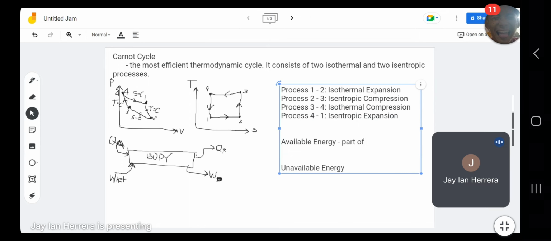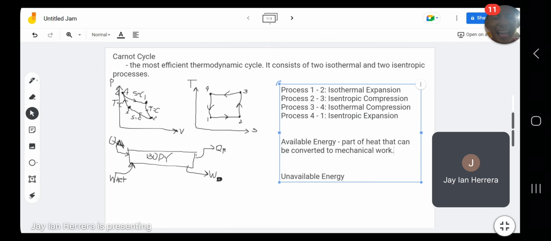Part of heat can be converted to mechanical work. Ipabaliktaran lang yan. Available energy. This is the remainder.